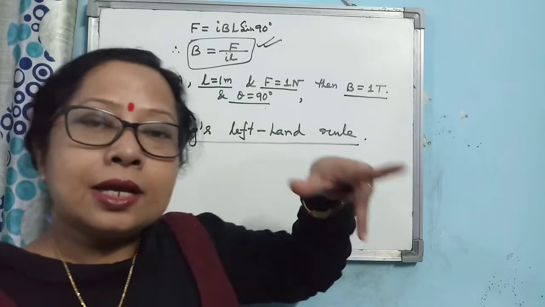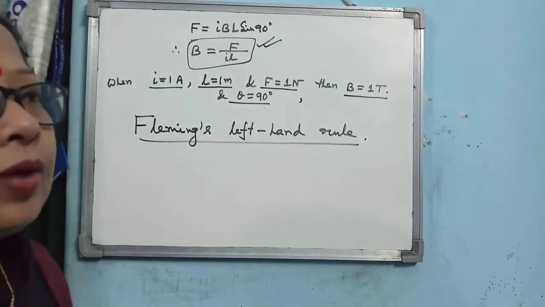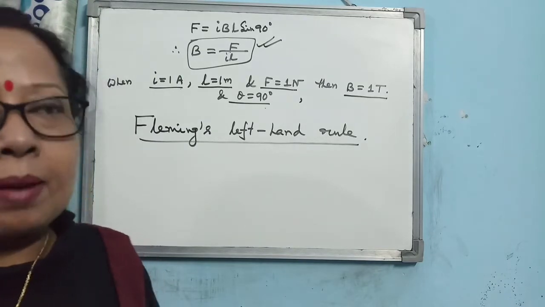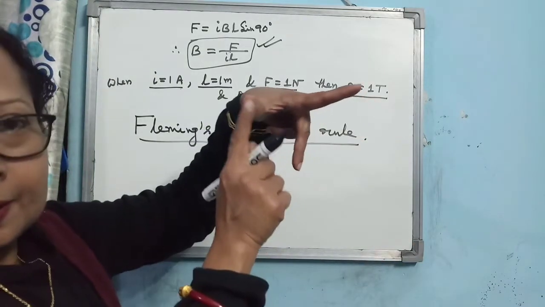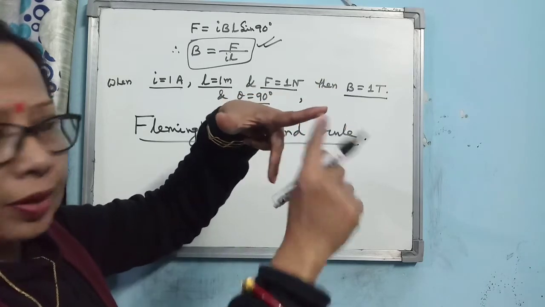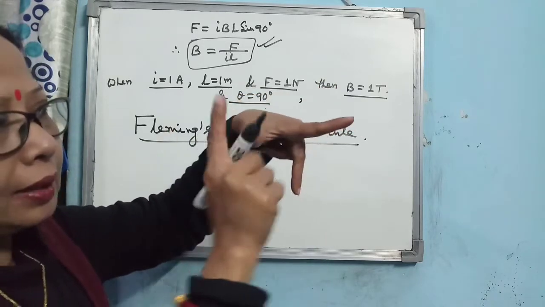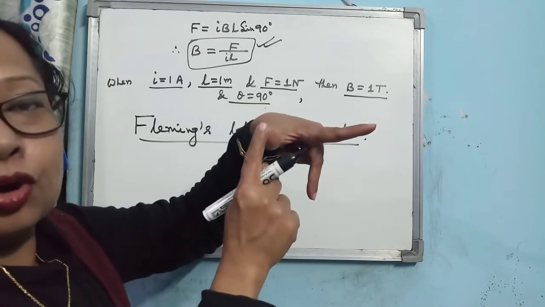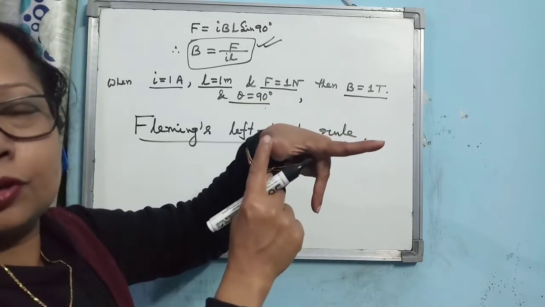Is that clear? Here there is an easy way to remember this. Father, mother, child. The thumb is father, the index finger is mother, the middle finger is child. F, father, is the direction of the force.